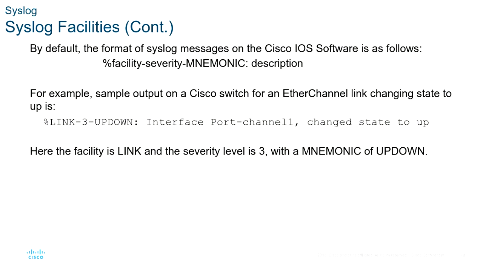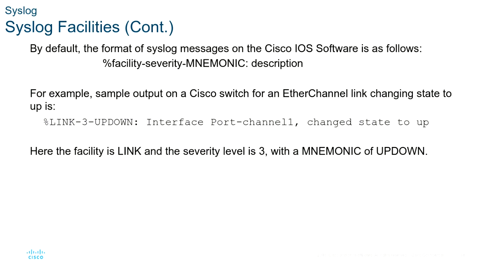So by default, we get this type of format. An EtherChannel link has changed state to up. So it puts a message up on the screen. This is severity level 3. It says link 3, up, down. And the interface, the port channel: when we did EtherChannel, we bonded four physical Ethernet ports together, and they became a port channel, so we could get around STP not making any of them work except one.